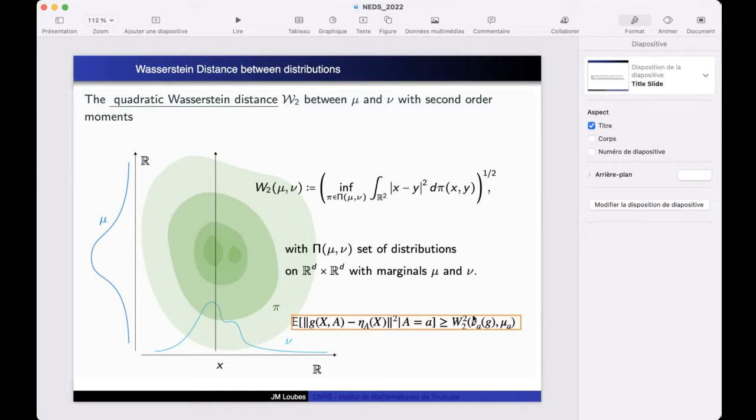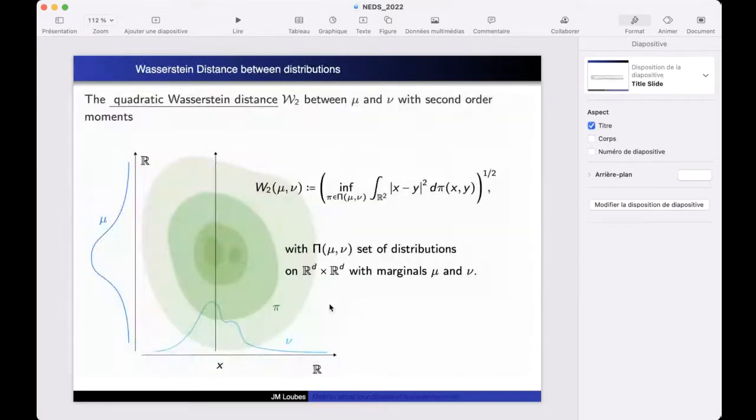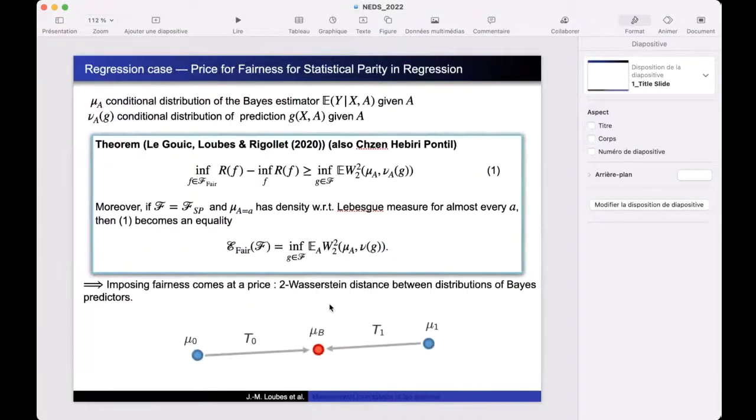If you understand this, then you understand everything in the proof, because if I come back here, I can use a kind of Pythagoras argument, and then I can prove that, in fact, the price for fairness, that means the fair risk minus the Bayes risk, is greater than the integral with respect to A of the Wasserstein distance between mu A.